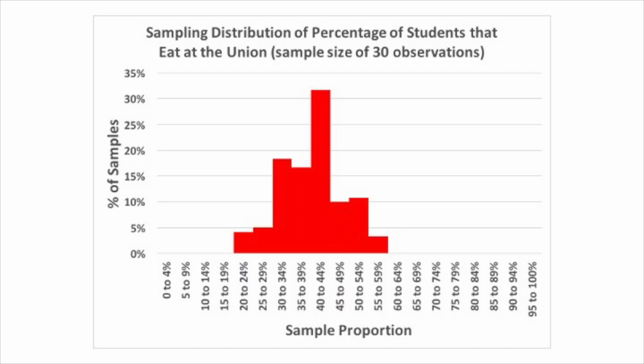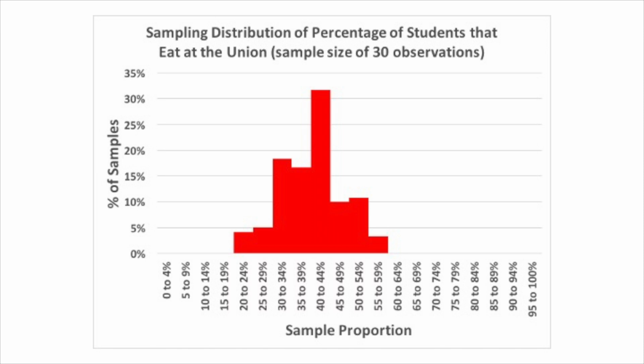Here's a sampling distribution, and remember for the underlying population, 40% of all university students eat lunch in the union, and this shows the proportions we got from random samples of 30 observations. So there were no samples where the proportion was between 0 and 4%, or 5 to 9%, or 10 to 14%, or even 15 to 19%. There was a small percentage where, based on our sample size of 30 observations, the proportion was between 20 and 24%.